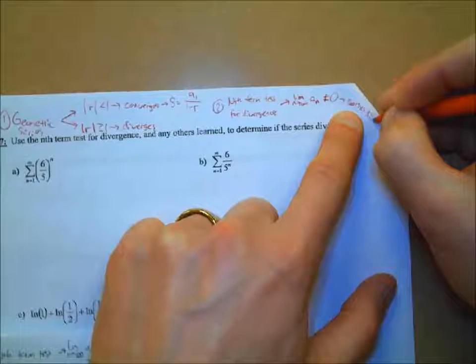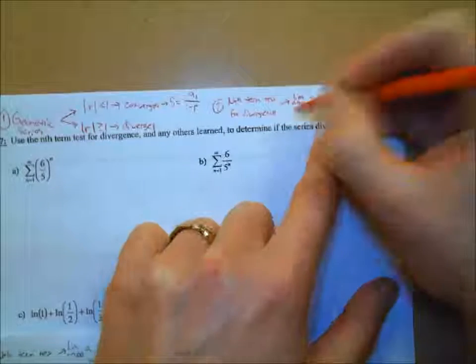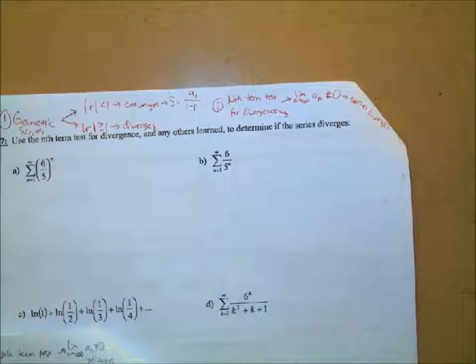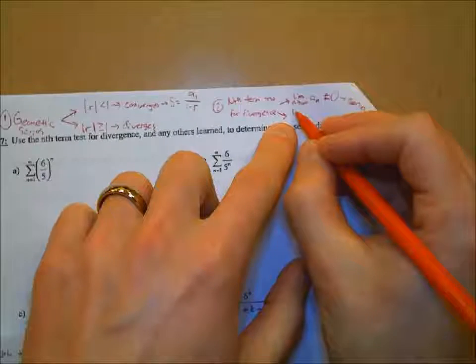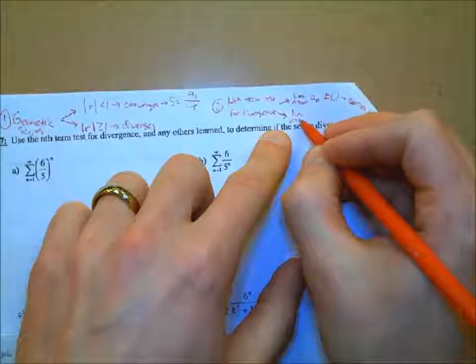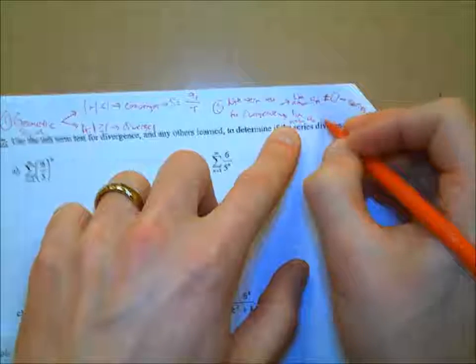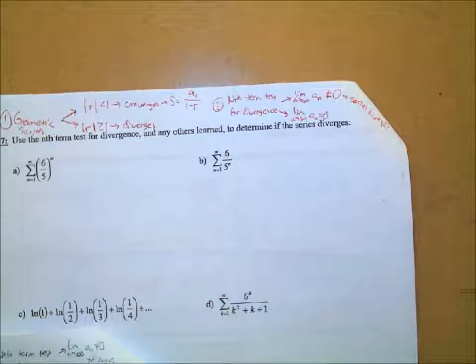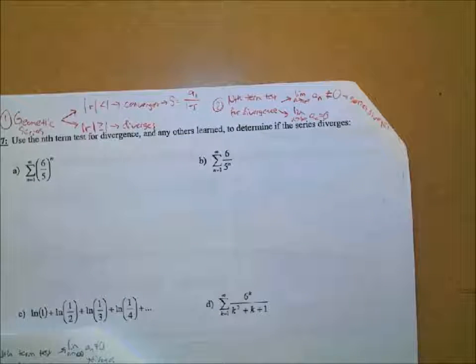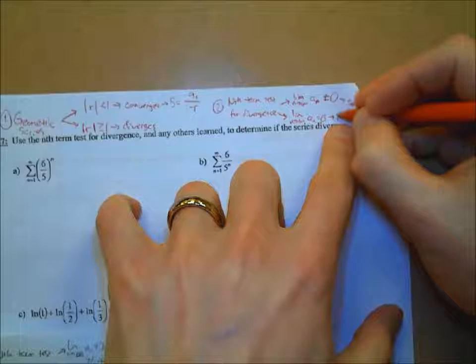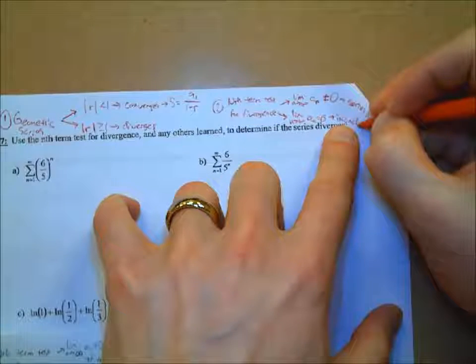I'm running out of space. If, however, the limit as n approaches infinity of a sub n equals 0, what can we say? Nothing. Inconclusive. And that's what I'm going to put here. Inconclusive.